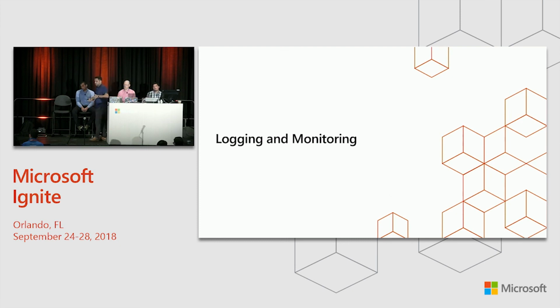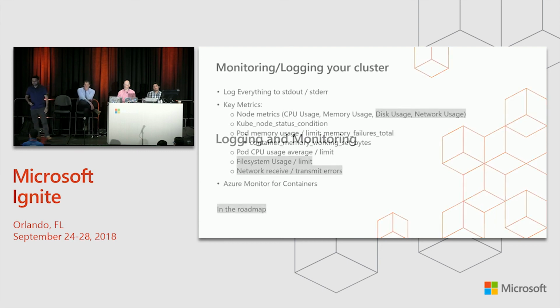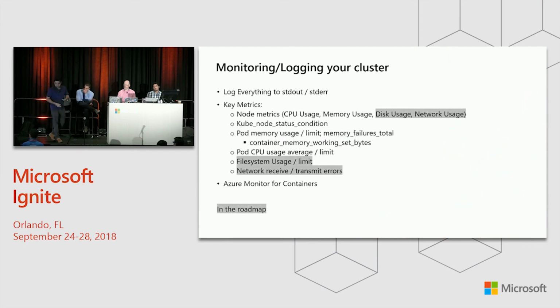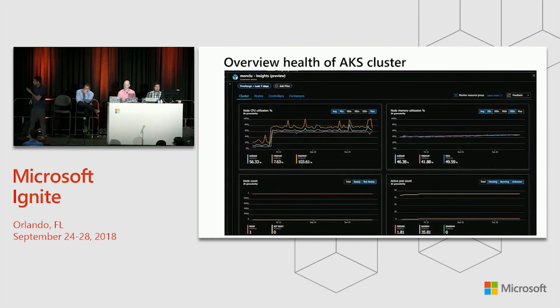So we also have the Azure monitoring and logging running by default in the AKS clusters. It's important to always log everything to standard out and standard error. It's important to look at these metrics that we have. You can see that we have node CPU utilization, and I have plotted graphs selecting percentiles minimum and maximum.